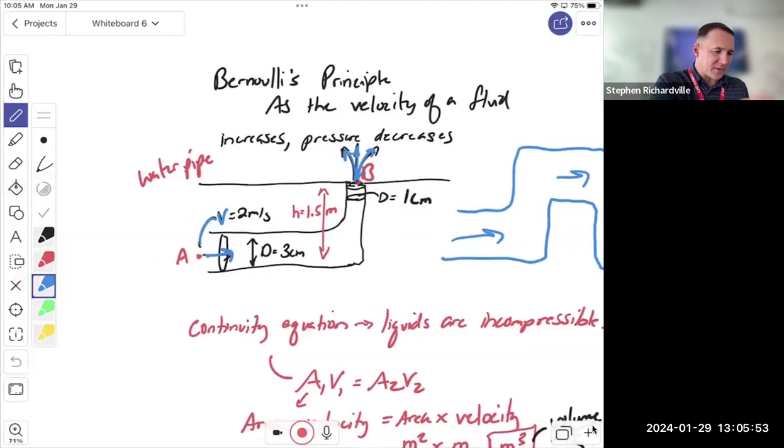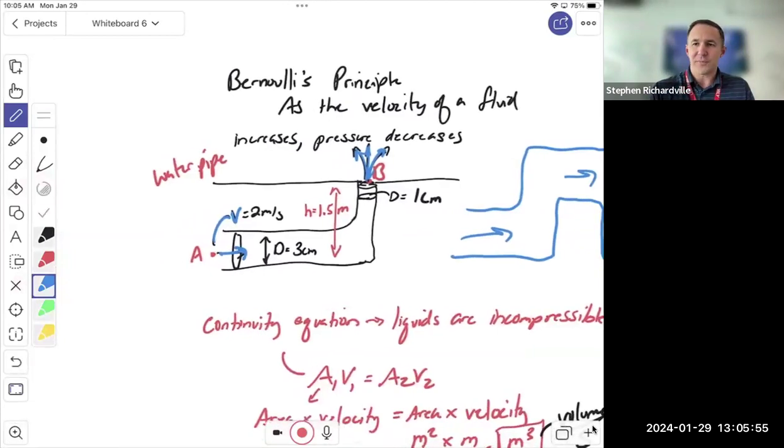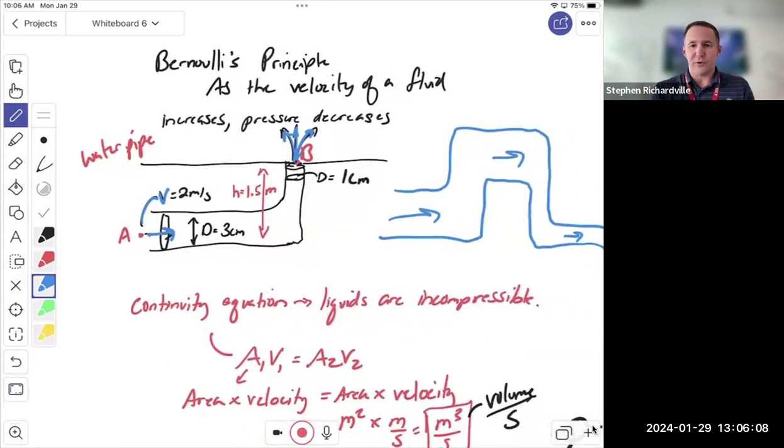So first off, in this kind of hypothetical sprinkler, as my pipe narrows, how fast is the water moving at B, given that it's moving 2 meters per second at point A? Well, the cool thing about liquids as a fluid is that liquids are mostly incompressible, meaning if the pipe starts to get smaller, the fluid has to speed up.